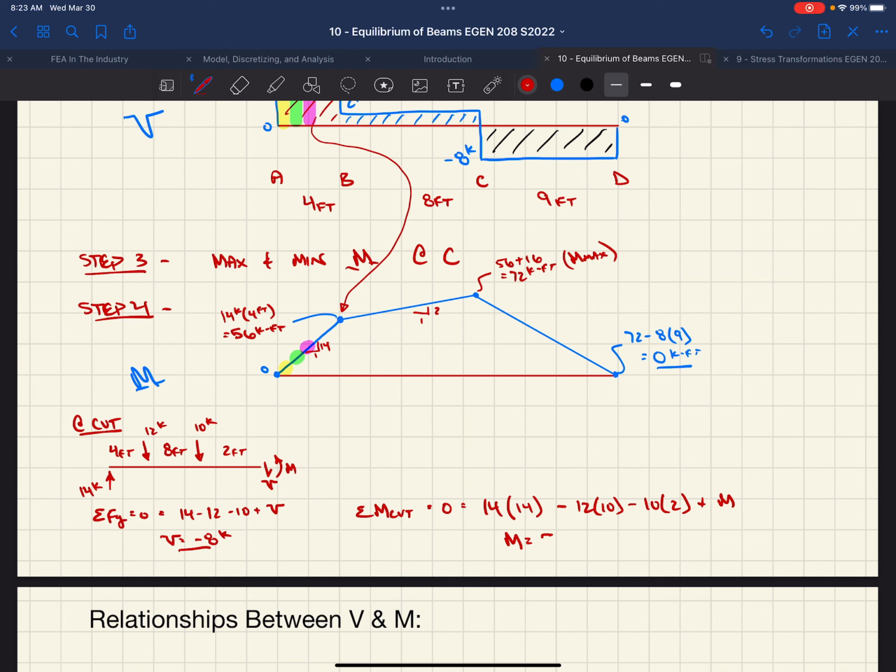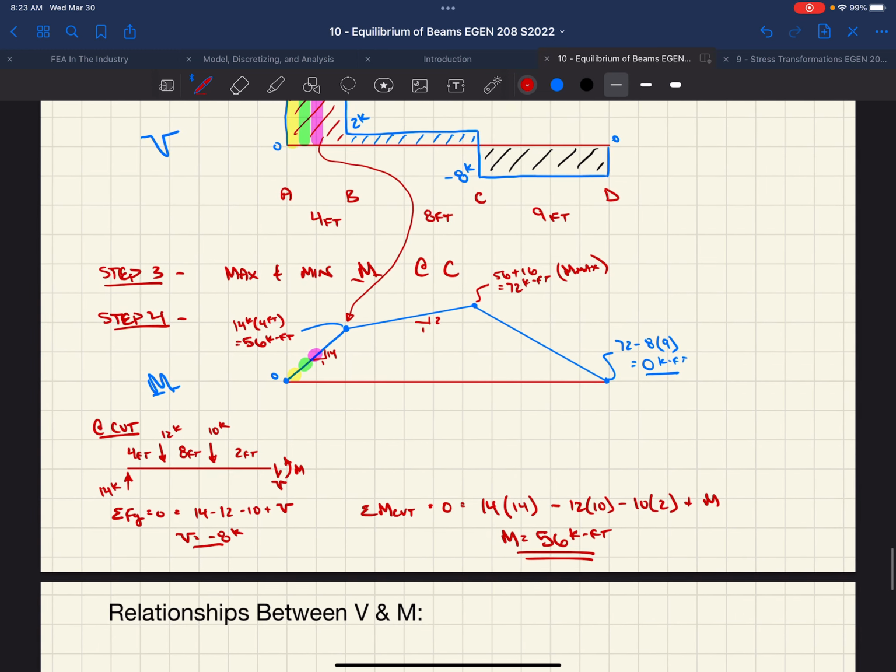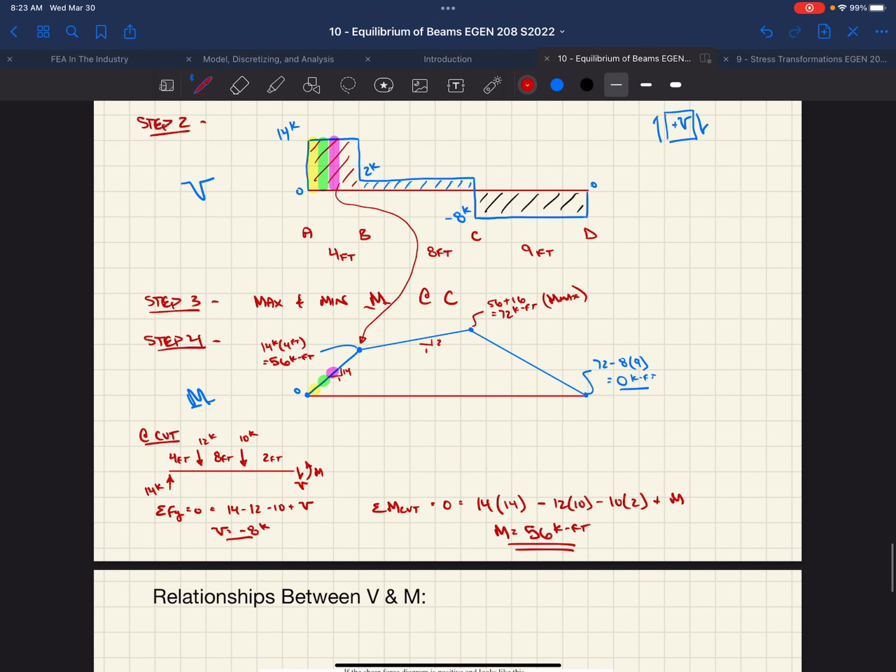M equals 56. That is not right. Oh yeah, it is right. Whew.